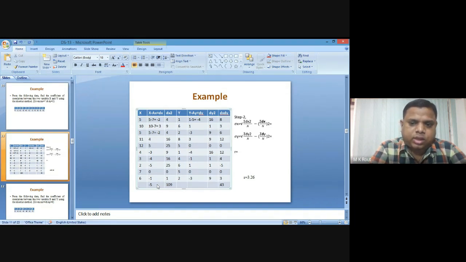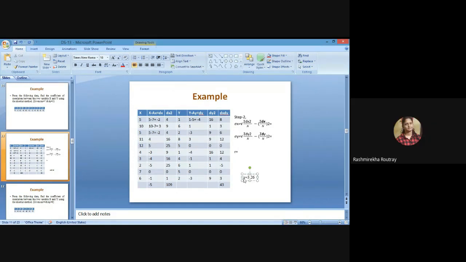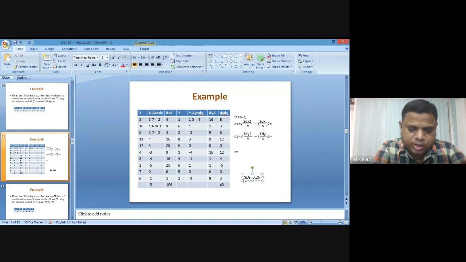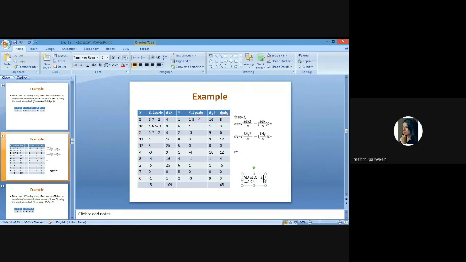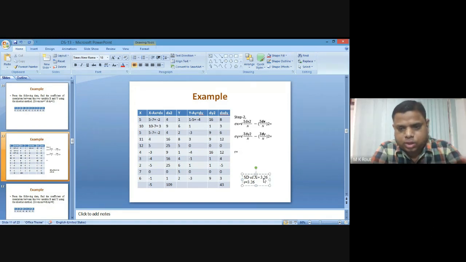What is the answer for standard deviation of x? 3.26. Just write here for better understanding. Standard deviation of x is 3.26.